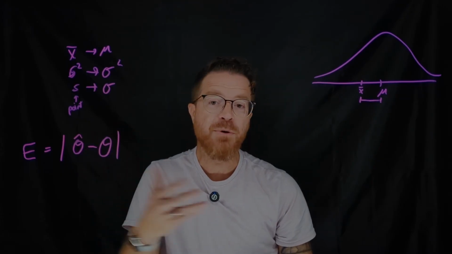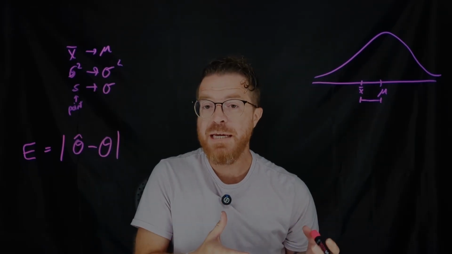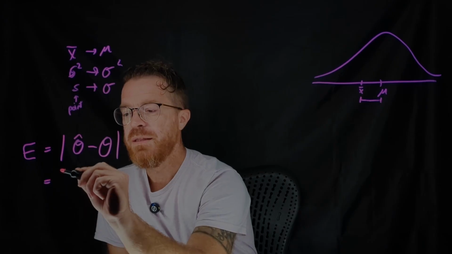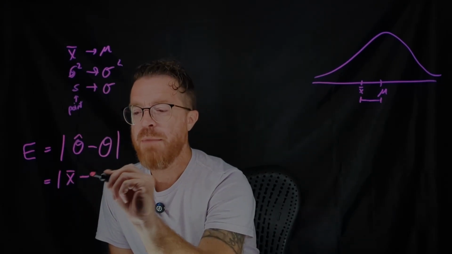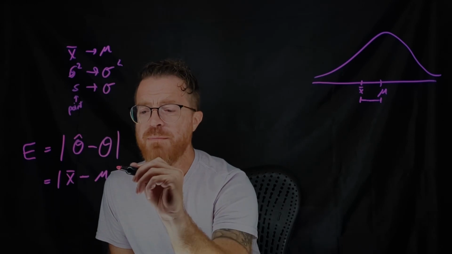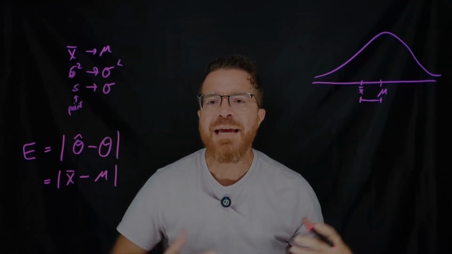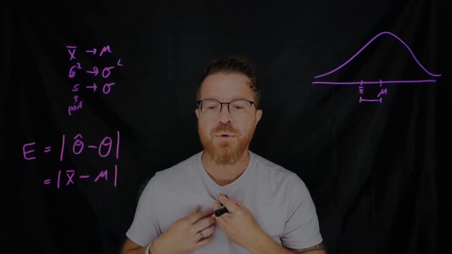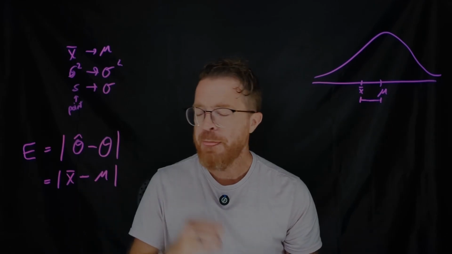For example, if we were looking at the margin of error for the mean from our sample to the population mean, this would just be the absolute value of the value that we got for x bar minus the true value mu, and we take the absolute value because all we want is the magnitude. How far off are we from the true value, not necessarily what direction it is.